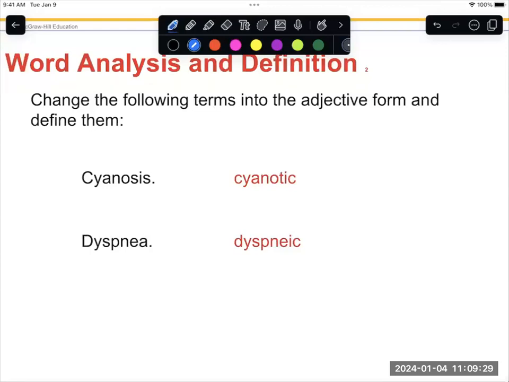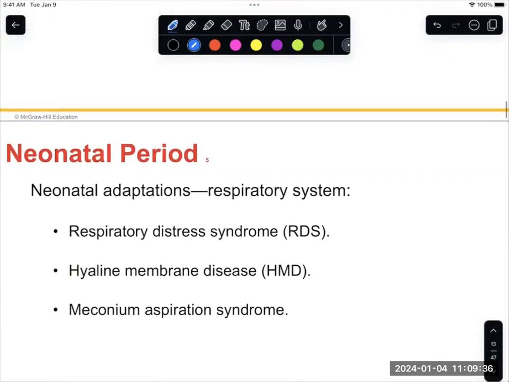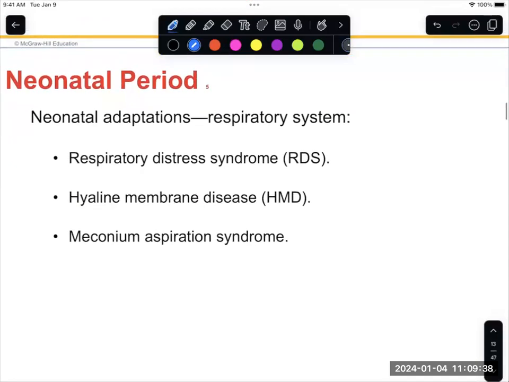Dyspneic means pertaining to or suffering from difficulty in breathing. Respiratory distress syndrome occurs when a premature baby is born without adequate surfactant in the lungs. Hyaline membrane disease is another term for respiratory distress syndrome.